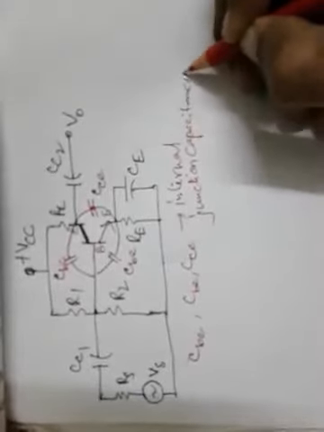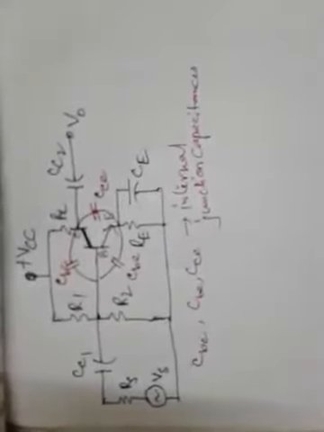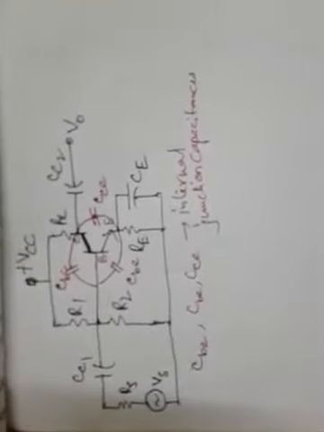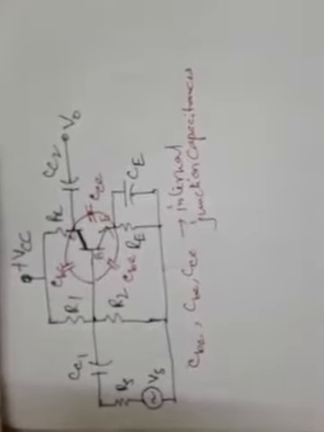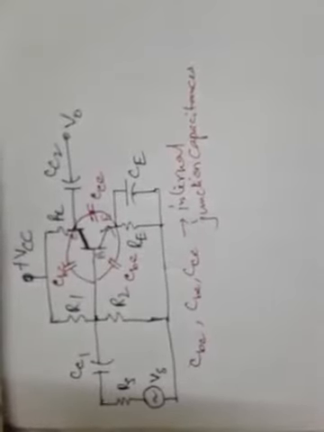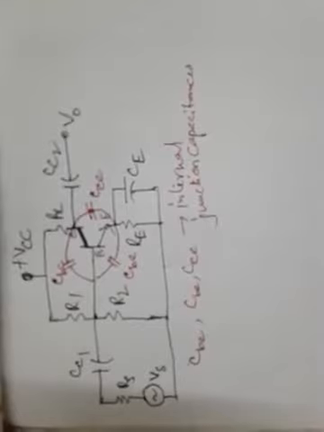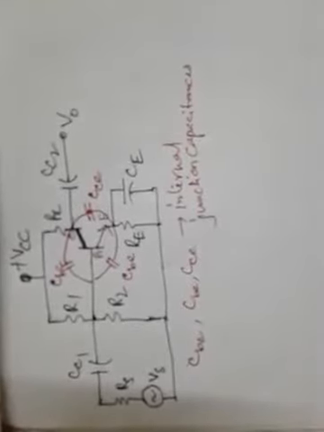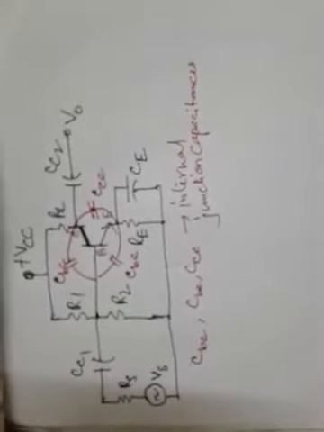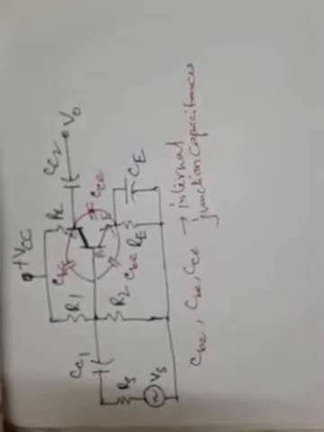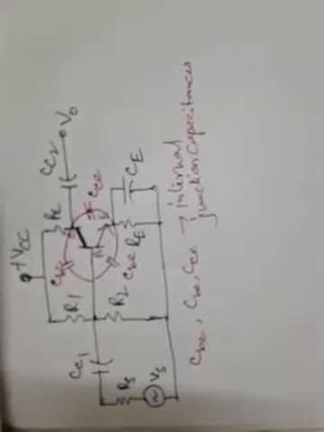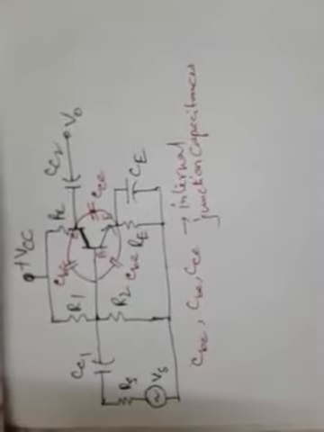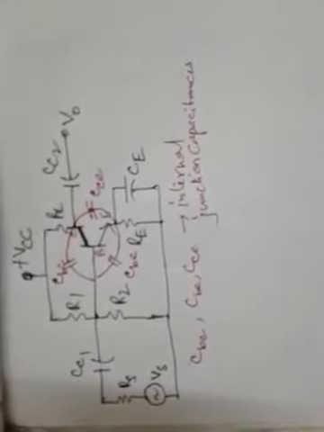Now these capacitances at high frequencies will provide very low reactance, because as frequency increases, reactance decreases. Because of their low reactances at high frequencies, they will naturally provide bypass paths for the AC signal. As a result, the normal transistor action will be prevented, and it will create a loss in the voltage gain.